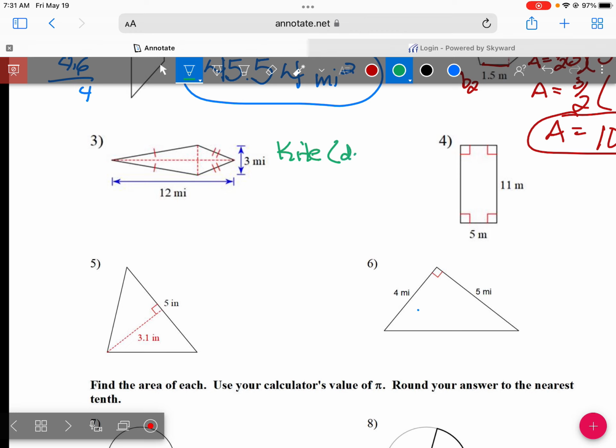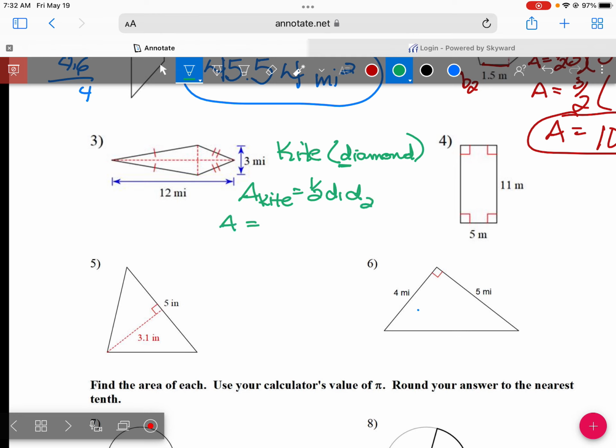So a kite, or we kind of think of it as a diamond, and the D of diamond tells me that I'm going to use the formula area of a kite is equal to 1/2 of the diagonal 1 times diagonal 2.